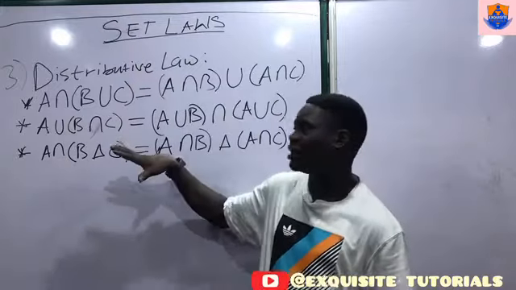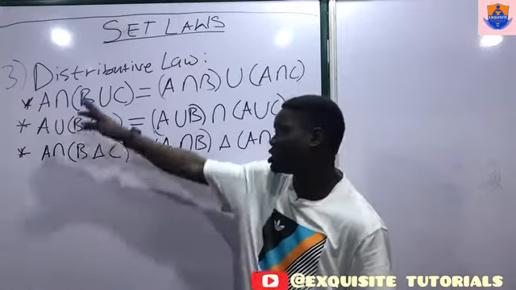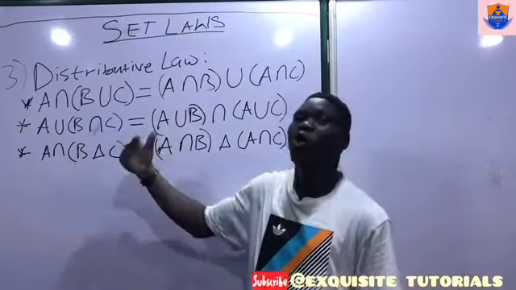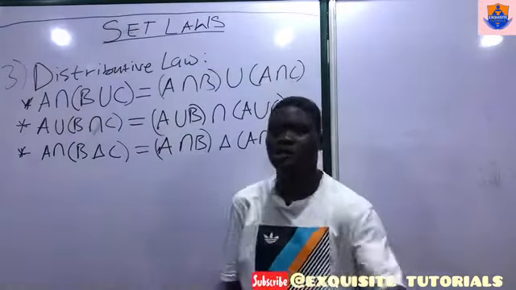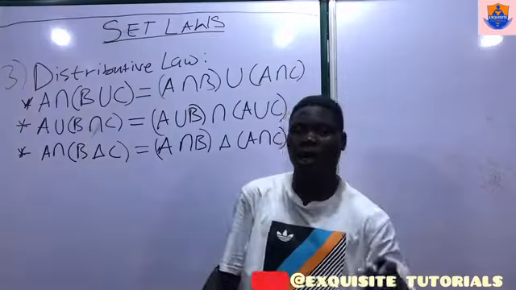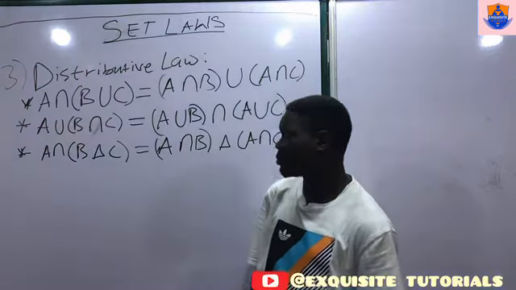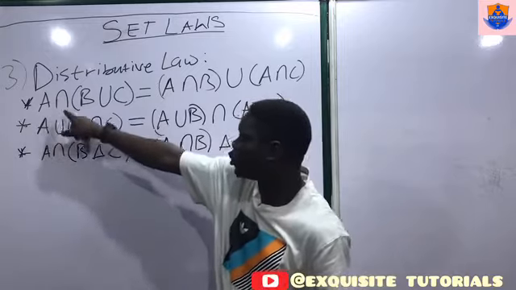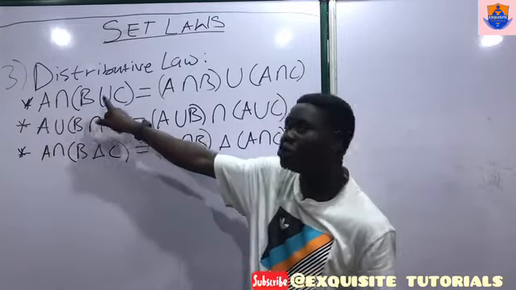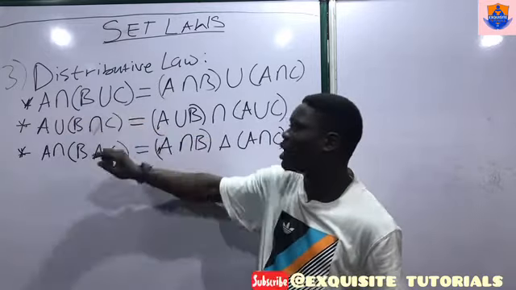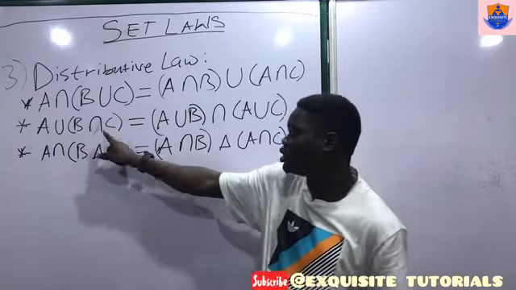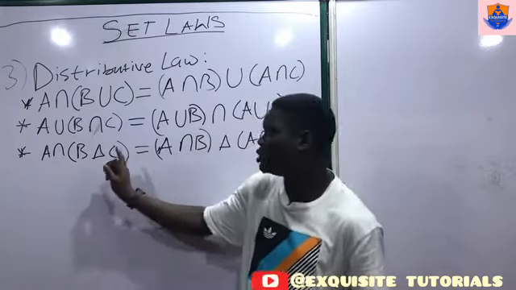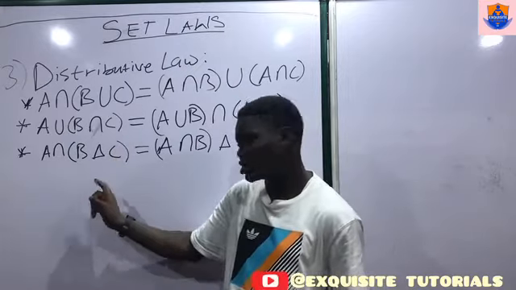But don't bother trying difference, that is A minus B, as it is not distributive. Or you can try it and state in the comment section how you went about it. So we want to verify if intersection is distributive over union, if union is distributive over intersection, and if intersection is distributive over symmetric difference.